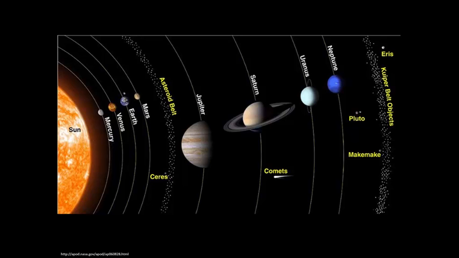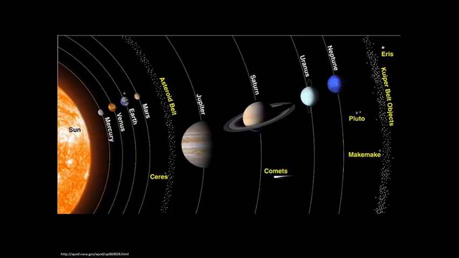So the solar nebula theory, or solar nebula hypothesis, has been successful in explaining the formation of the solar system. But there are some problems, and the Jovian planets are pretty much the troublemakers within this hypothesis.